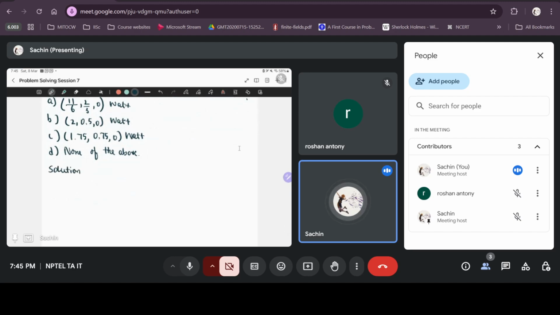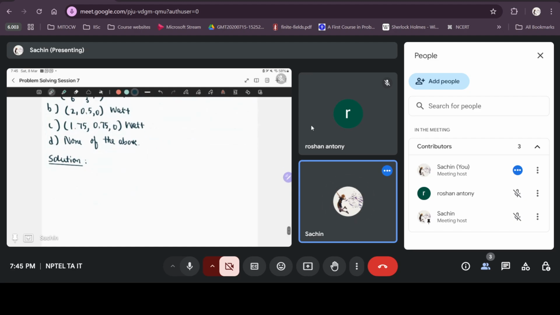The solution here is, so we allocate power optimally by using the water filling method. By that, what I mean is, let's say you have the channels on this axis and power here.